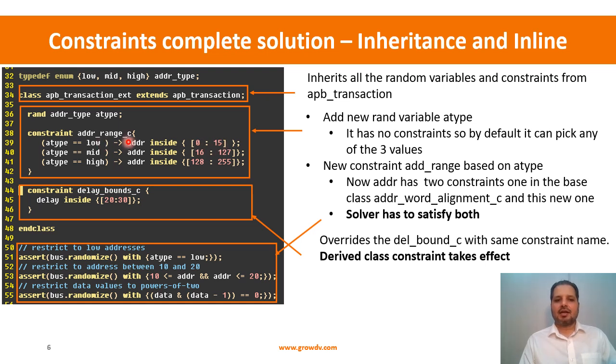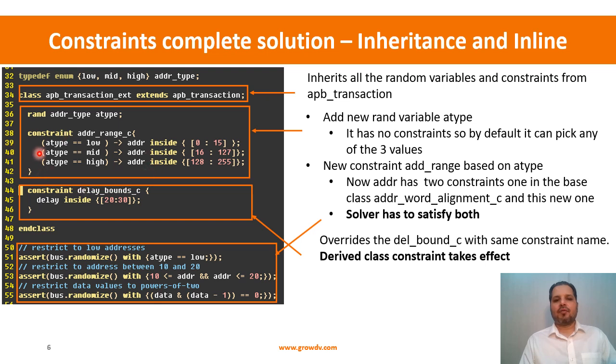I'm using an implication operator over here. Just hold your thoughts, just understand that it behaves like an if condition for now. It's nothing more than an if condition, but we'll look into it specifically in the subsequent slides. If the A type takes a value mid, then address has to take this middle range from 16 to 127, and if A type is high, then 128 to 255.